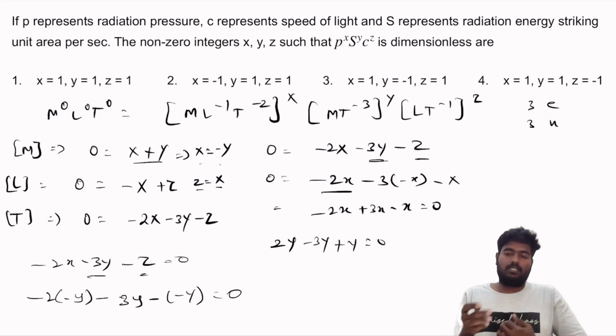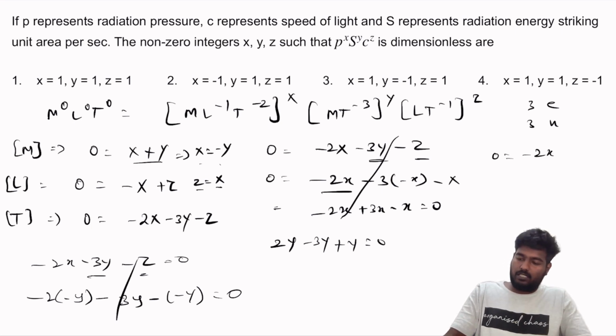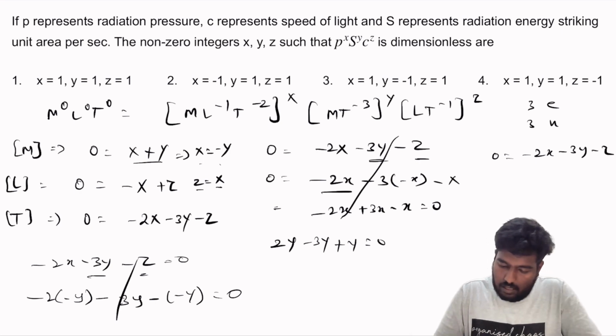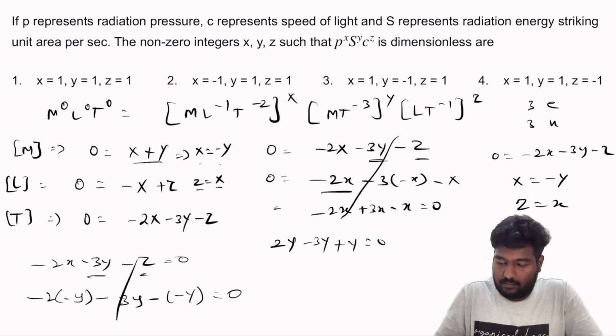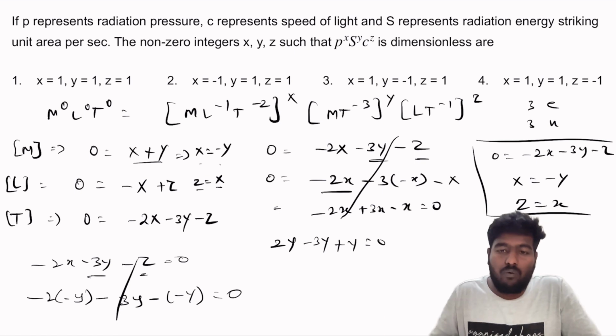Once you arrive at this equation, instead of going and solving all this, just take the last equation, 0 equal to minus 2x minus 3y minus z. x equal to minus y, z equal to x. Look at the answers, find out which satisfy all these three equations.